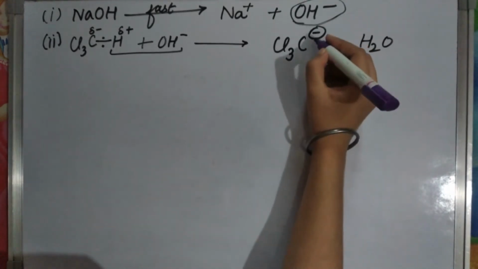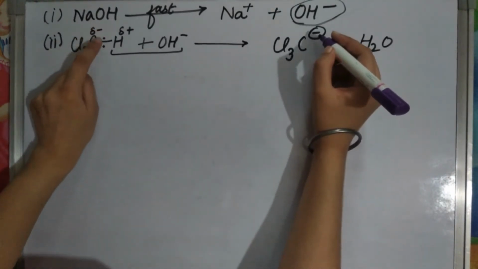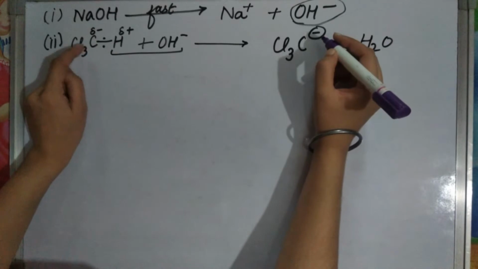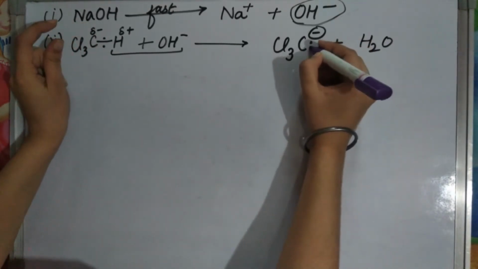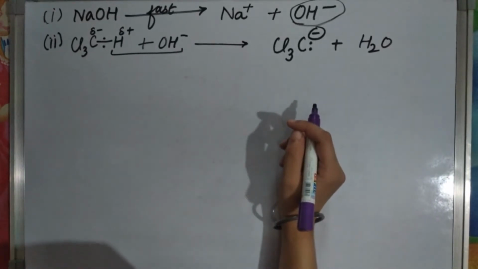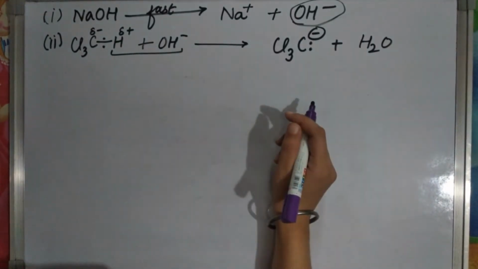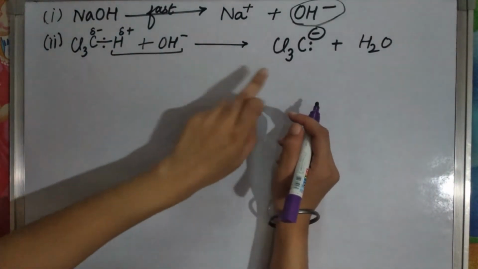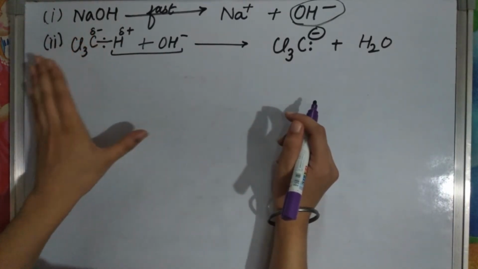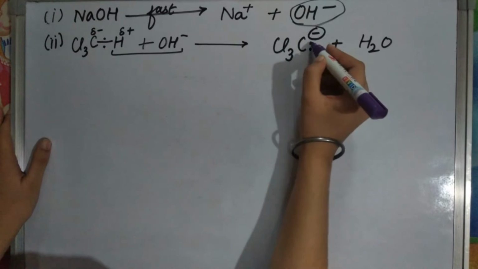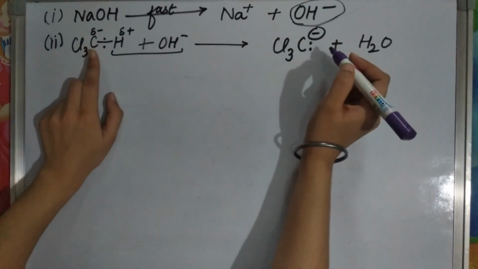And here these two electrons, one was of hydrogen and one is of carbon, will remain with the carbon atom because we have taken out H plus from this chloroform. H plus means it doesn't have any electron. So both the electrons will be with the carbon atom.